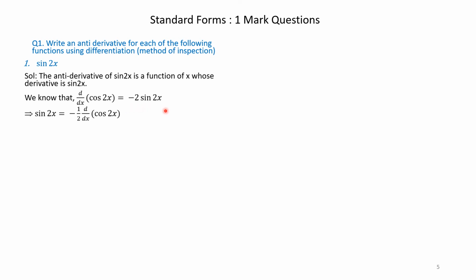Therefore, retain sin 2x on the left side and move the minus 2 to the other side. Then sin 2x is equal to minus 1 by 2 into d by dx of cos 2x. Therefore, the antiderivative of sin 2x is minus half cos 2x.